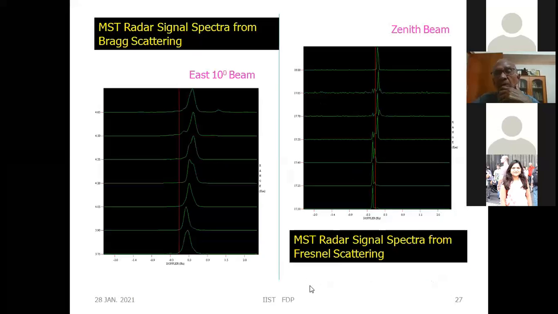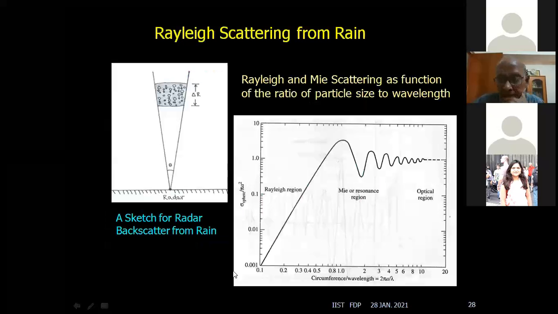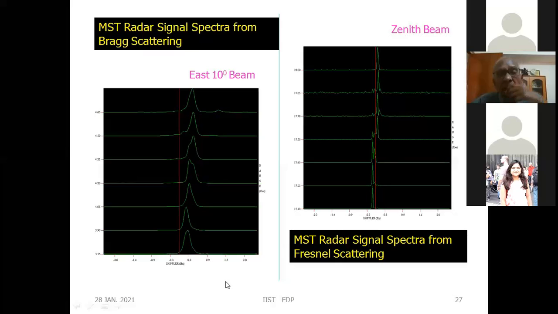So these are examples of turbulent backscatter. This is from the turbulent backscatter signal when you look at 10 degrees east, this is the Gadanki radar, and this is the Fresnel reflection. Fresnel reflection is a sharp spectrum, whereas this is a Gaussian kind of spectrum.